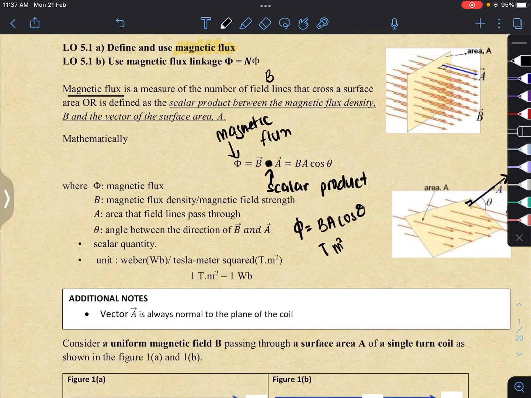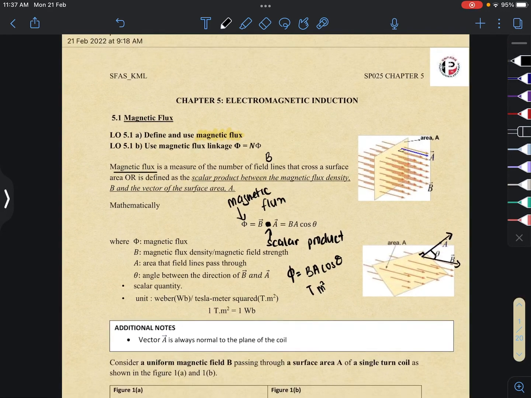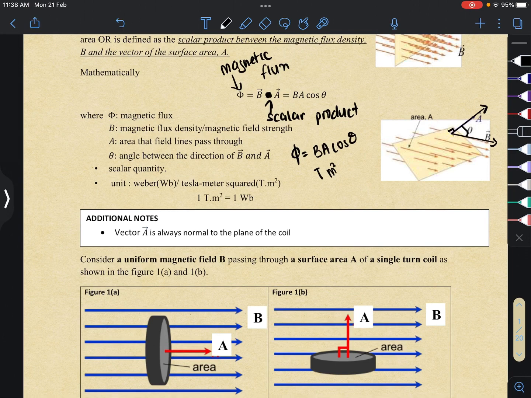As you can see, the area here has field lines passing through the surface. So the angle between B and A is the angle from the vector A to the magnetic field line, theta.